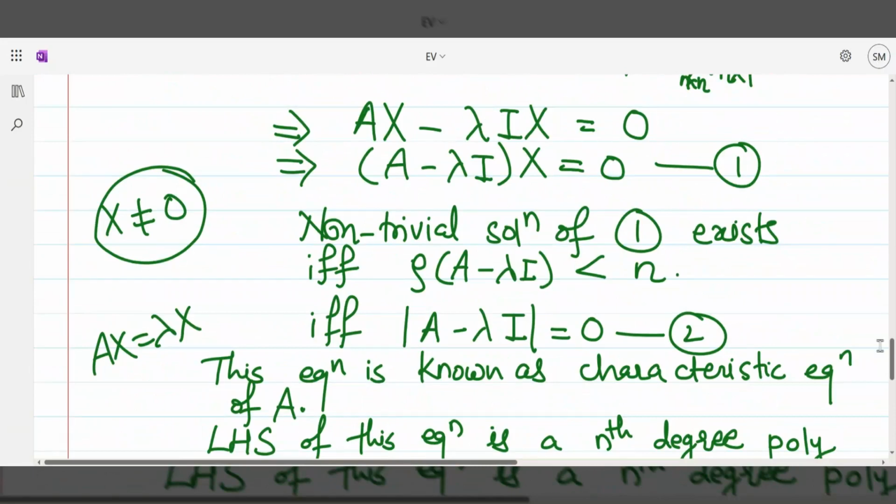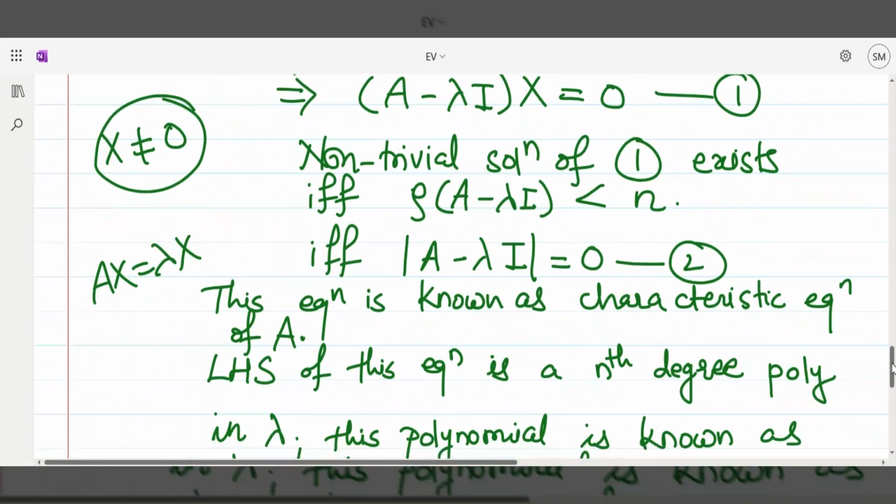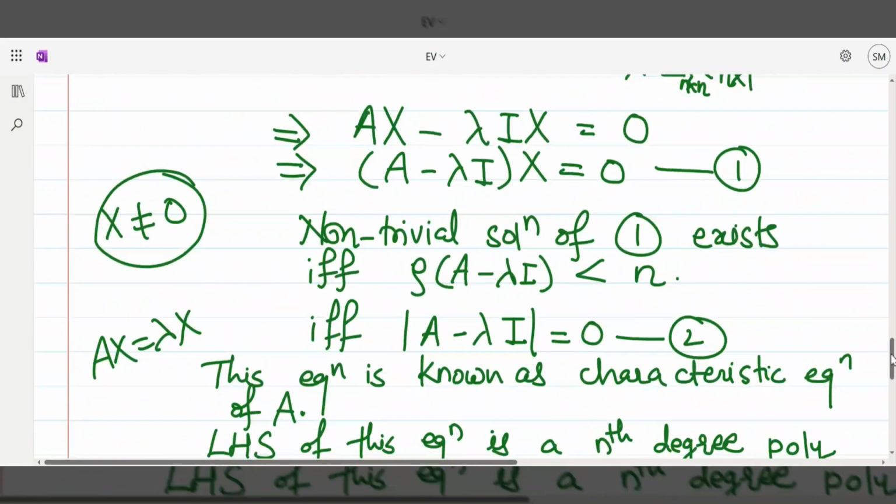If you recall the concept of null space, you can see here we are interested in finding a non-zero x such that the matrix in the bracket times x equals 0.